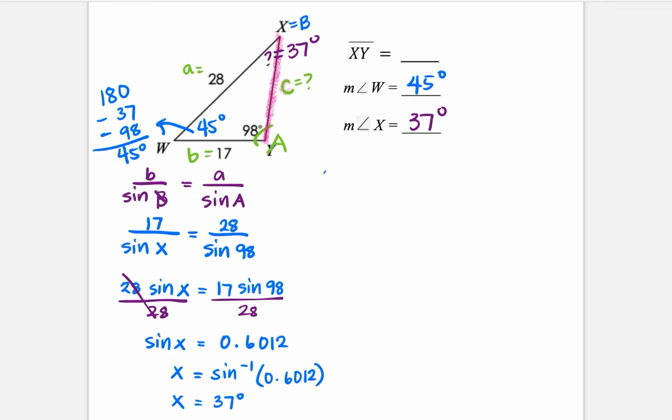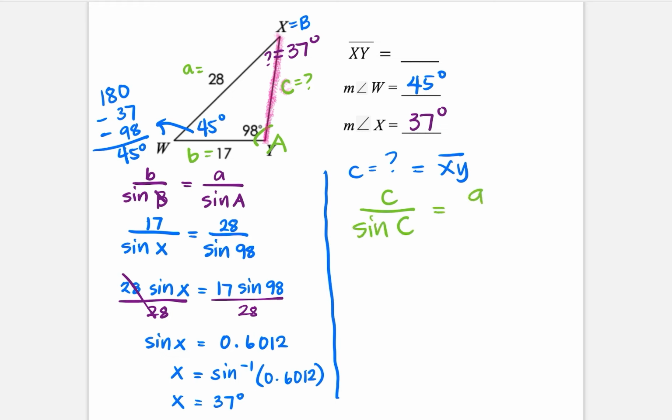Now we are going to find the missing side, and that missing side is my C, which is also equal to segment XY, and it's missing. So we can use law of sines, trying to find C. So we will write C over sine C equals A over sine A. Let's substitute.